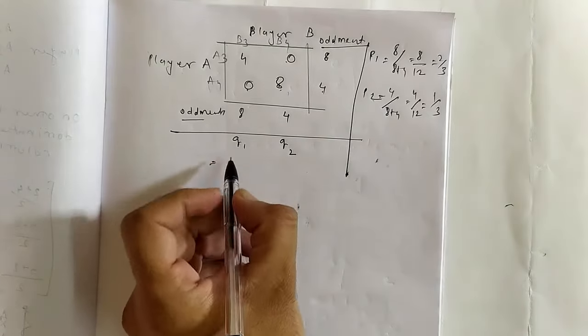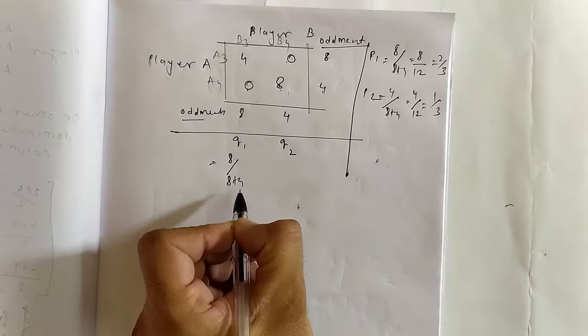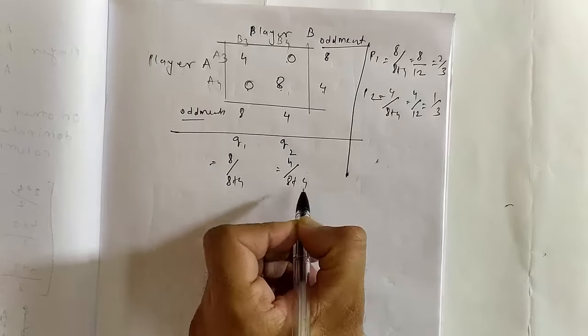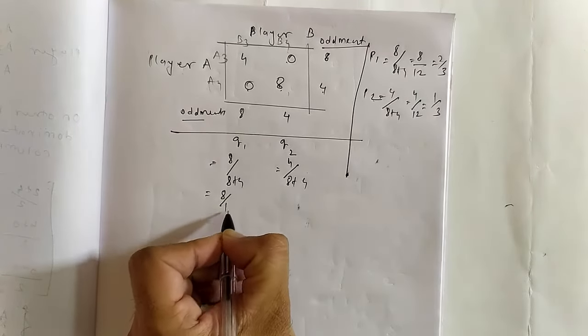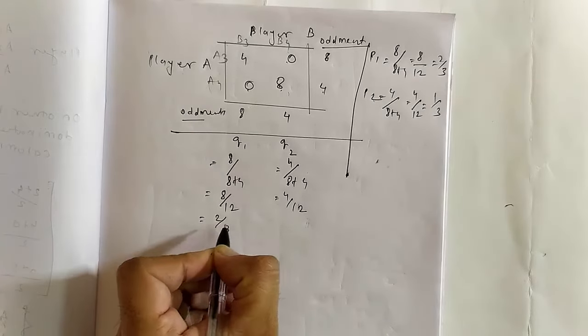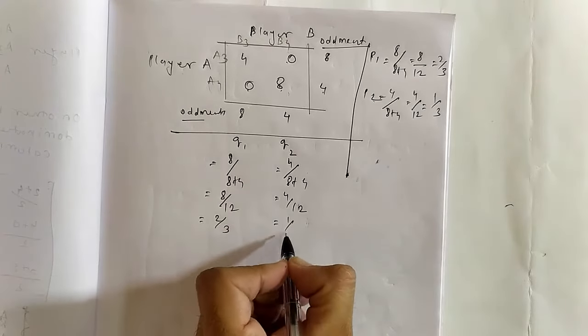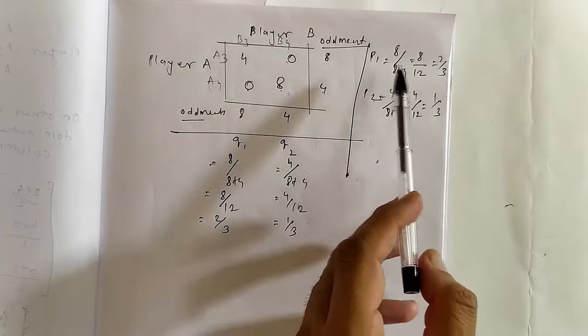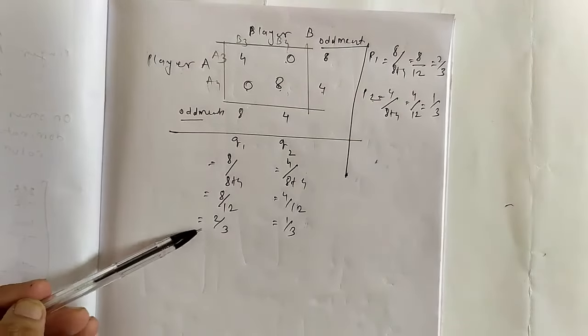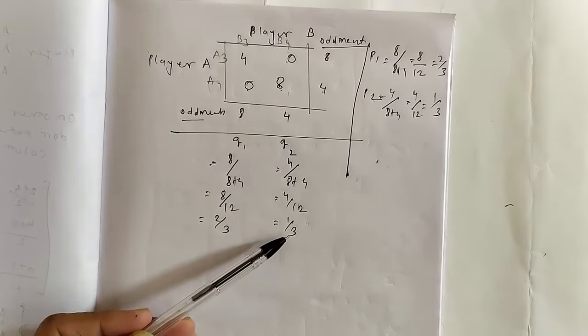Q1 is equal to 8 by 8 plus 4 and Q2 is equal to 4 by 8 plus 4. Here 8 by 12 and here 4 by 12, equal to 2 by 3 and 1 by 3. Therefore, our P1 is equal to 2 by 3, P2 is equal to 1 by 3, Q1 is equal to 2 by 3 and Q2 is equal to 1 by 3.